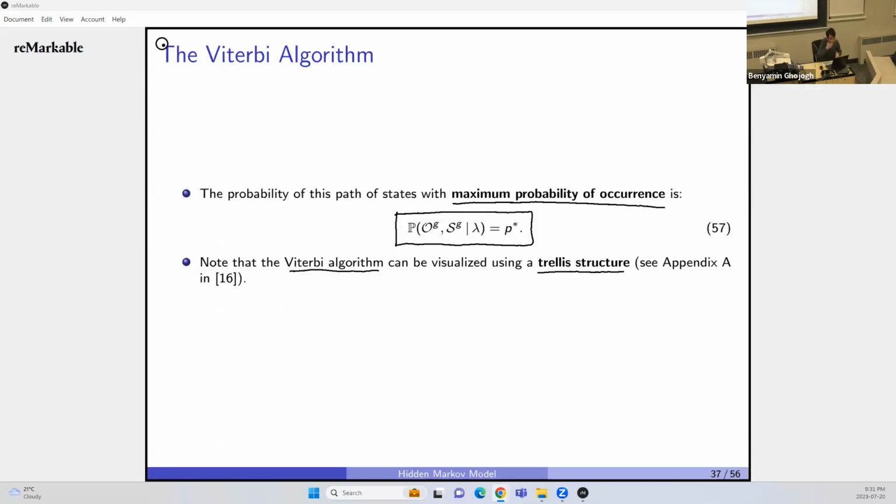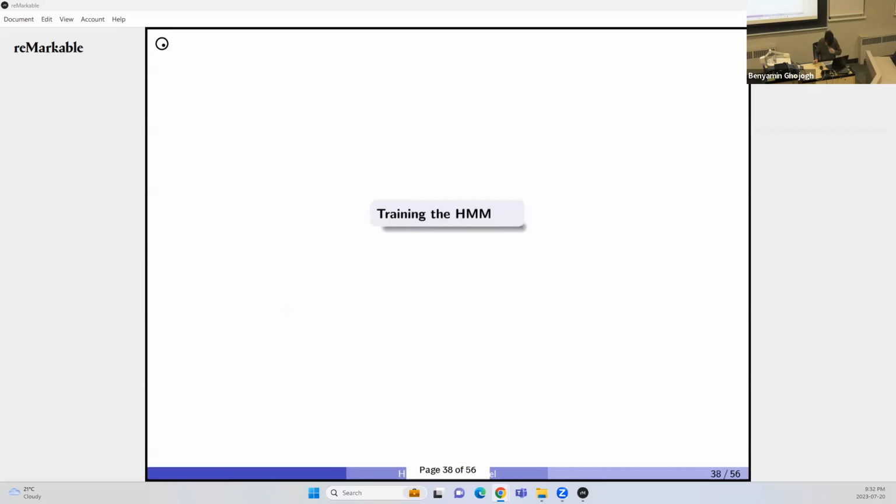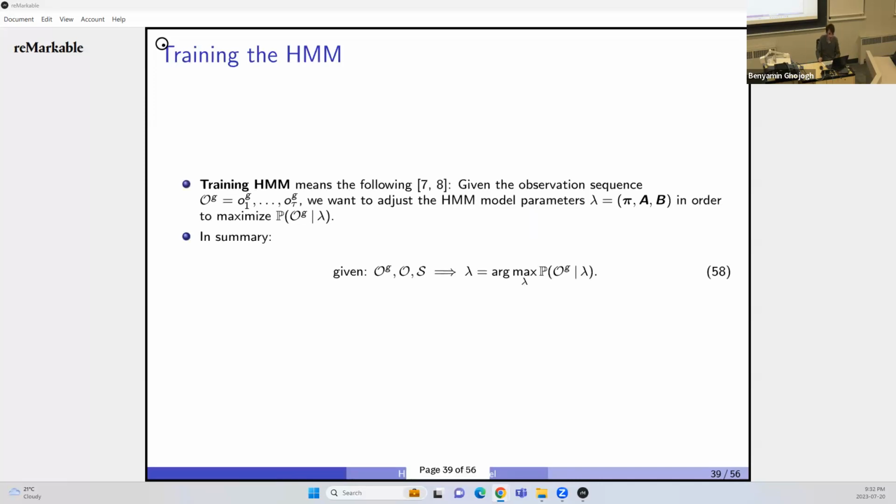Let's continue. So, training the HMM. Now, note that so far we assume that we have the hidden Markov model. For example, we have lambda, let's estimate the states. We have the states, let's evaluate the observation. Now let's train it. Training HMM means the following.